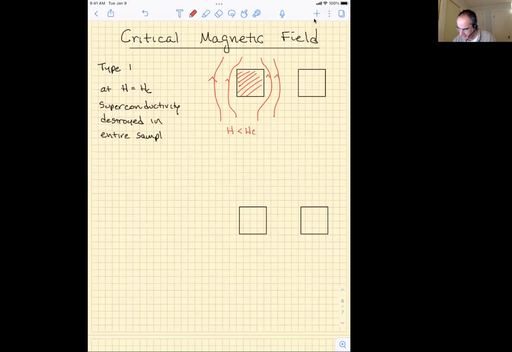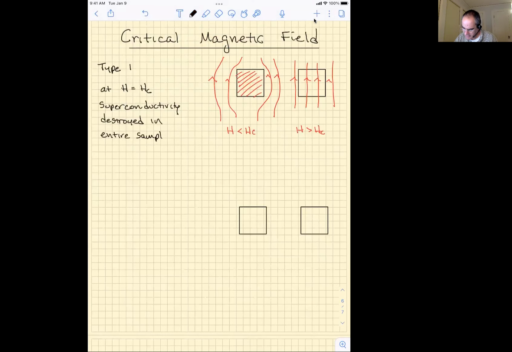The sample is superconducting, and the magnetic field lines are pushed out. However, for magnetic fields above this critical field, superconductivity is destroyed, and the magnetic flux simply penetrates through the sample as usual.